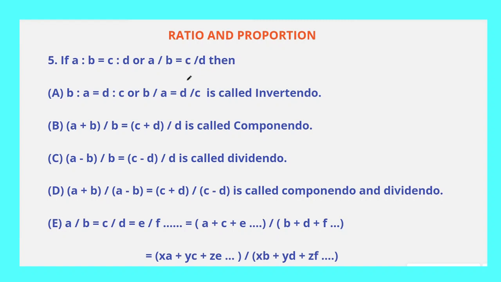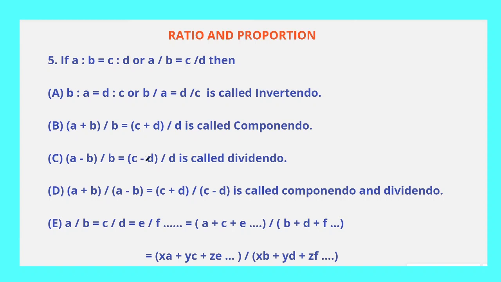The property B: if we add 1 on both sides of A upon B equal to C upon D, then we get (A plus B) upon B equal to (C plus D) upon D, and this property is called componendo. Similarly, if we subtract 1 from both sides of A upon B equal to C upon D, then we get (A minus B) upon B equal to (C minus D) upon D, and this property is called dividendo.